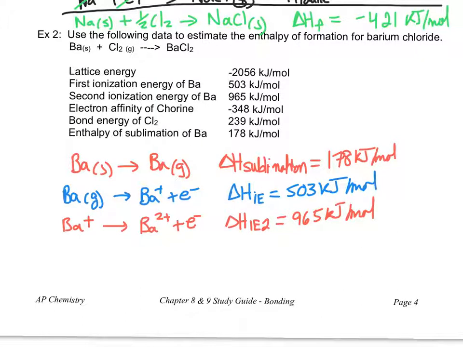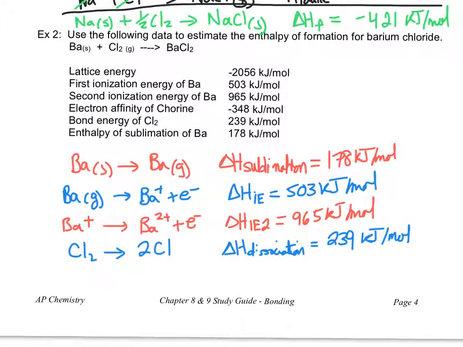So now our barium is ready as Ba2 plus. So then we're going to move on to our chlorine to prepare it. So first we need to dissociate the bond, break the bond between the two chlorines here. So let's do that. So my chlorine, I break the bond between them to get two chlorine atoms, and that would be equivalent to the bond energy.